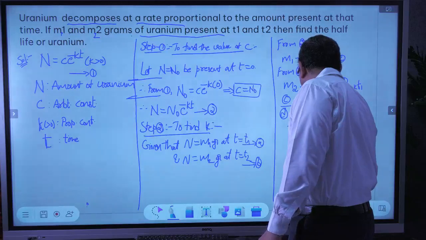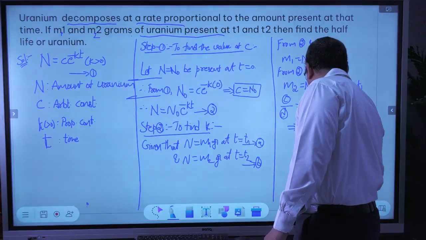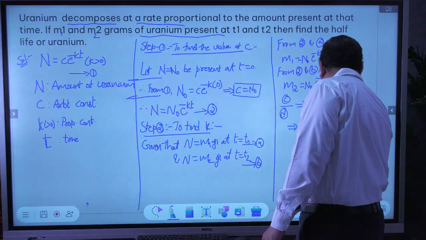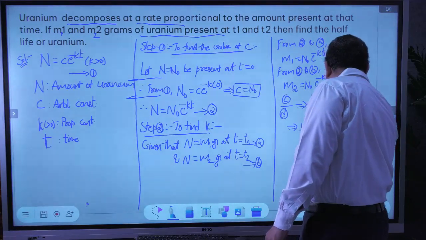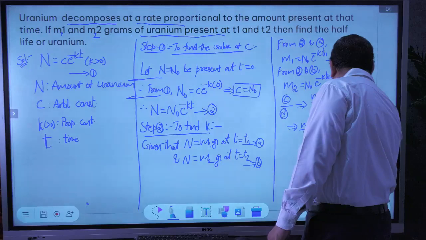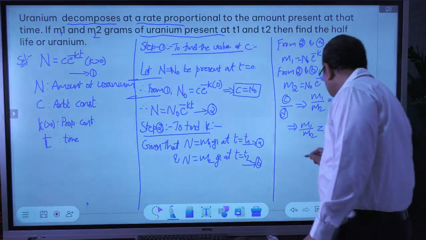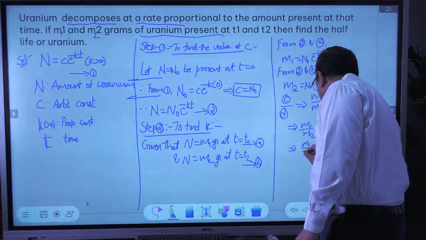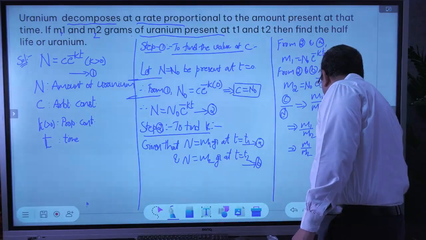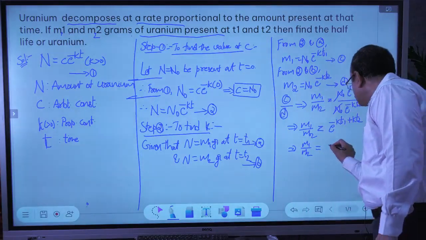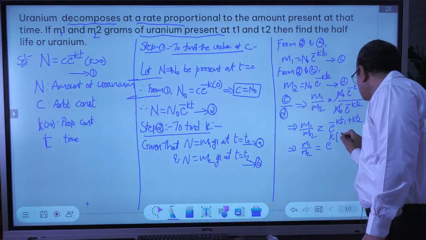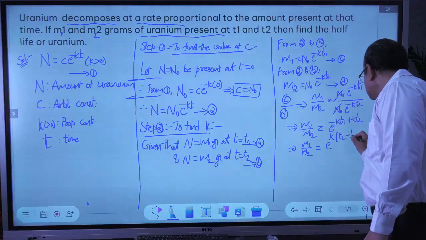After simplifying this, we will get m1 by m2 is equal to e power minus k t1 plus k t2. So this implies m1 by m2 is equal to e power of, if you take k as common, k times t2 minus t1.